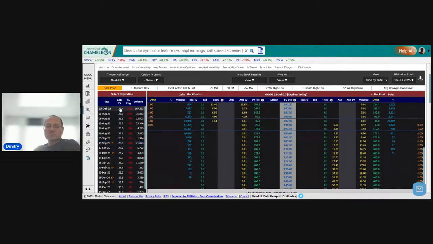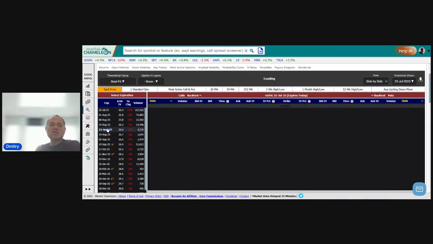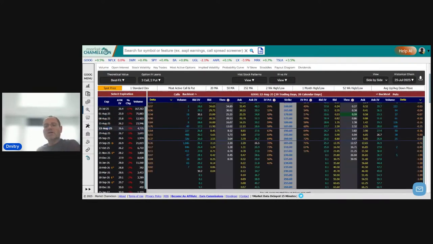We also have some information on them about the implied volatility and volume. So let's go out to August 22nd, for example. I'll click on that, and this will bring up the August 22nd option chain expiration. We can see all these available calls and puts with different strikes.